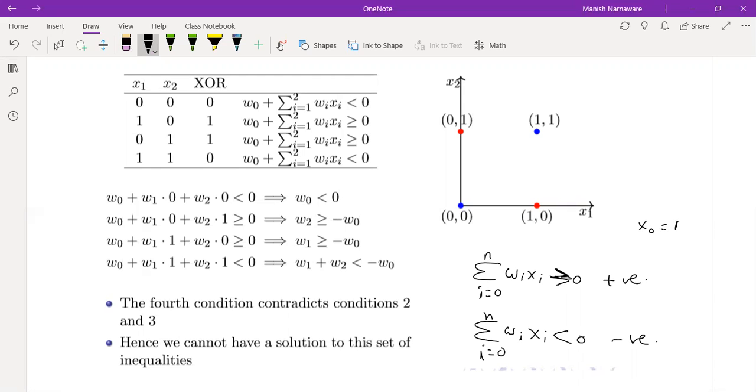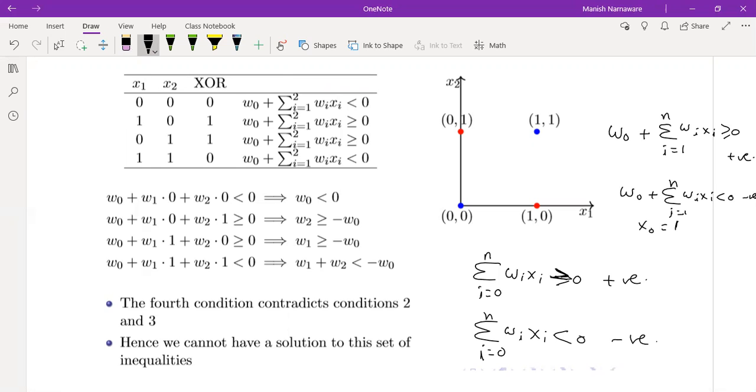Okay, so the same equation can be written like this: w0 plus summation i from 1 to n of wi xi is greater than or equal to 0 for a positive sample, and w0 plus summation i from 1 to n of wi xi is less than 0 for a negative sample.